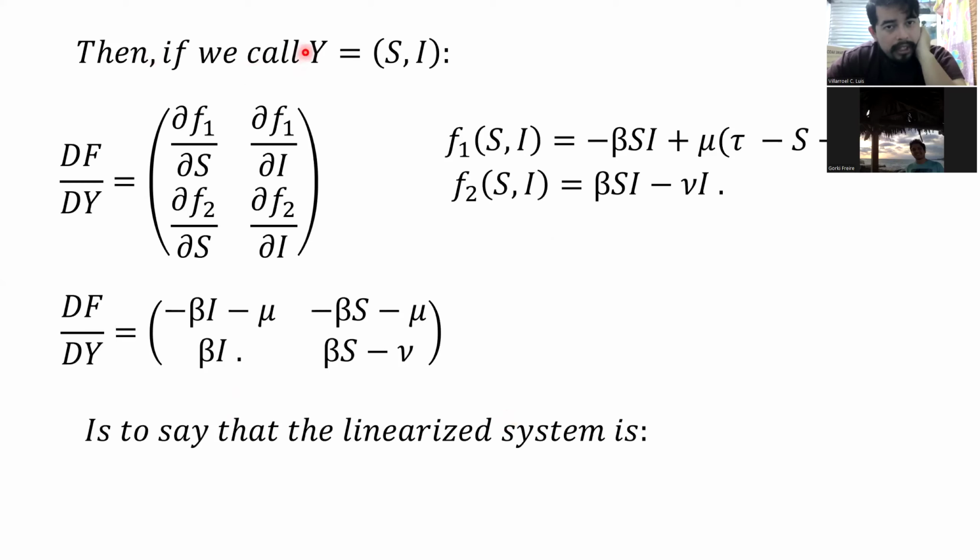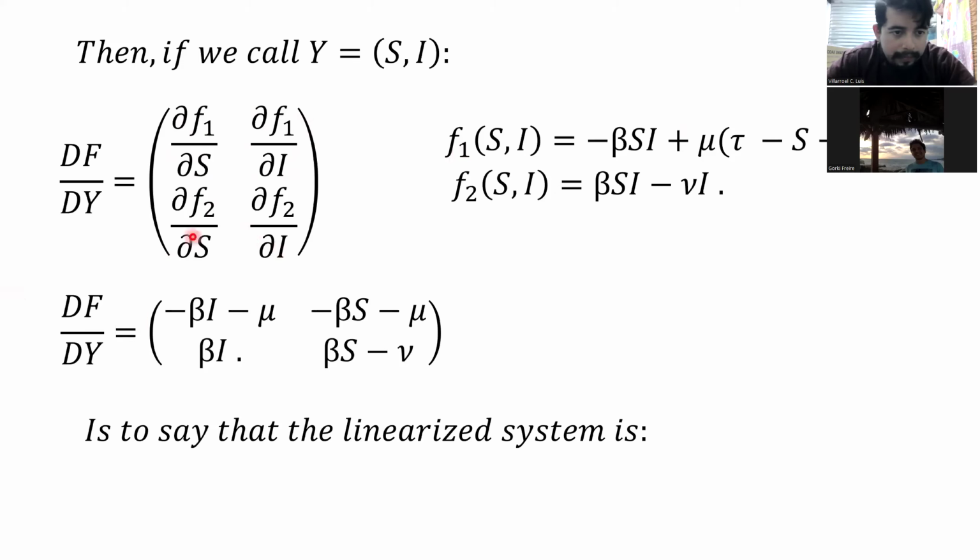So if we call y equal to s comma I, we have that df over dy is equal to the matrix given by the partial derivatives, that is to say, the partial of the first f over s, the partial of the first f over I, and so on.